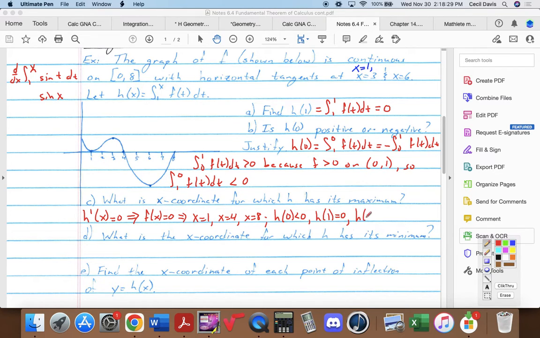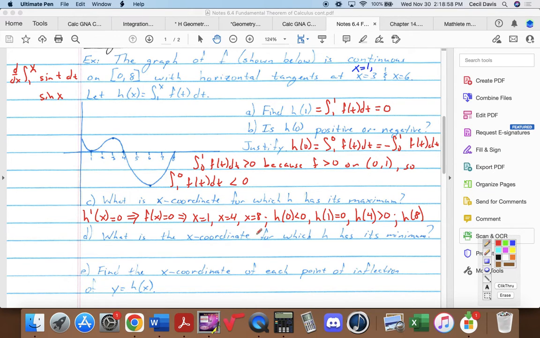What about h at 4? So that's just going to be the integral from 1 to 4. Well, you don't know a lot about it, but what do you know about it? Yeah, it's clearly greater than 0. And what about h at 8? So that's the integral from 1 to 8.